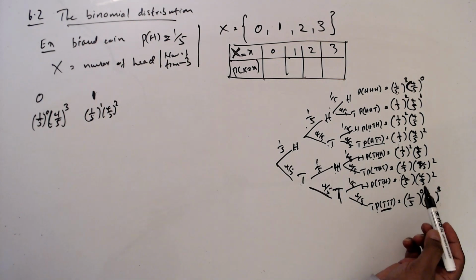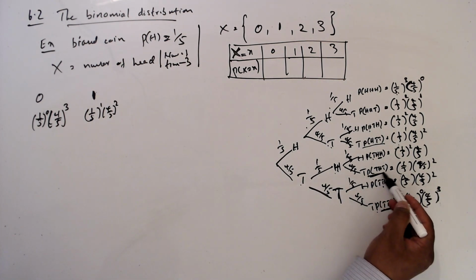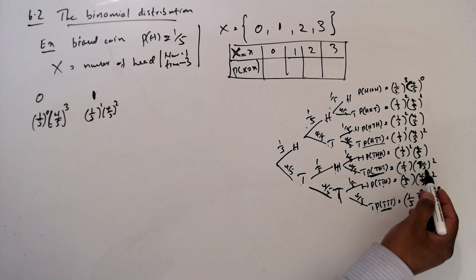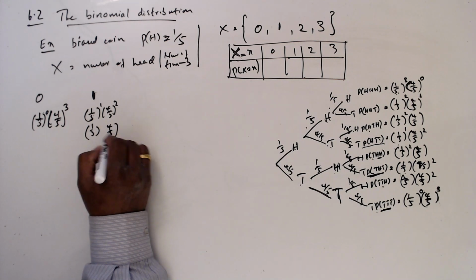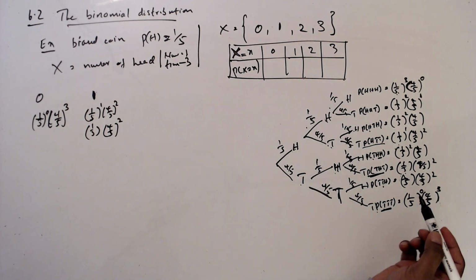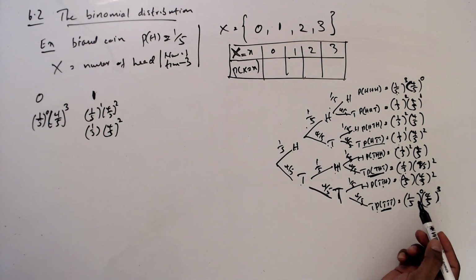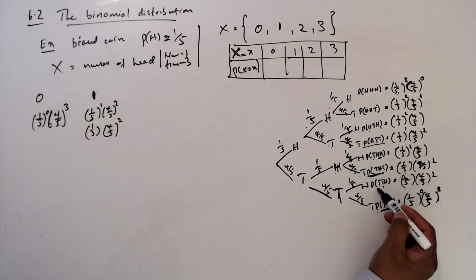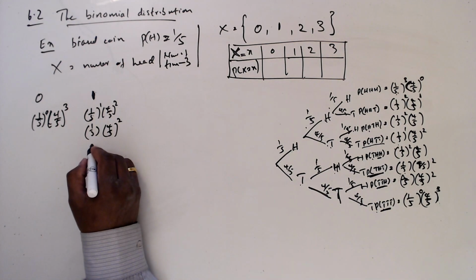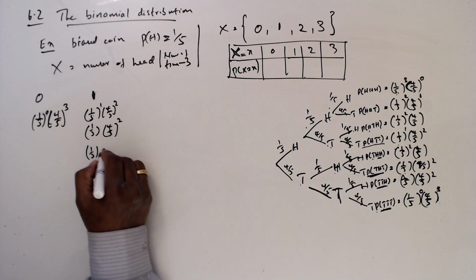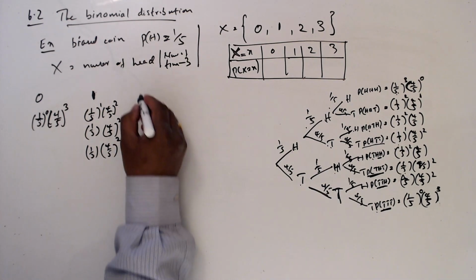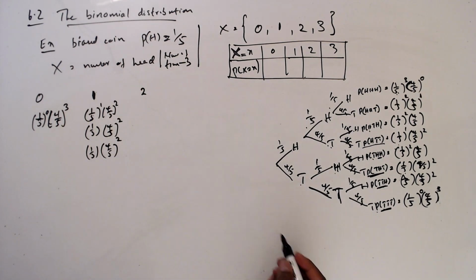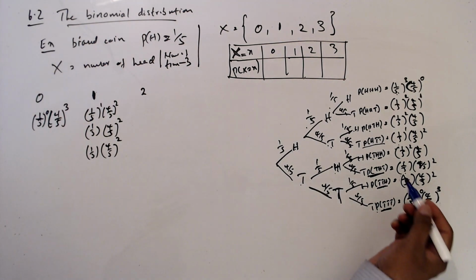Then one more, another one, THT: 1 over 5 and 4 over 5 squared. And this one, TTH: 1 over 5 and 4 over 5 squared. And getting two heads, 2 heads is going to be this one.